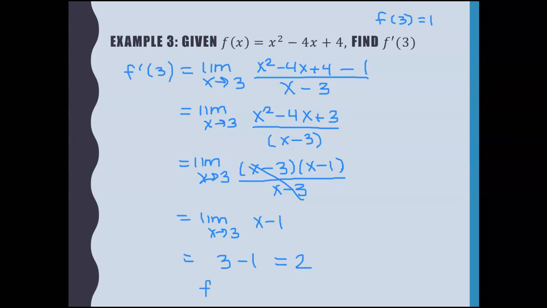Which again, we're saying f prime of 3 equals 2, which means that the slope of the tangent at x equals 3 is 2.